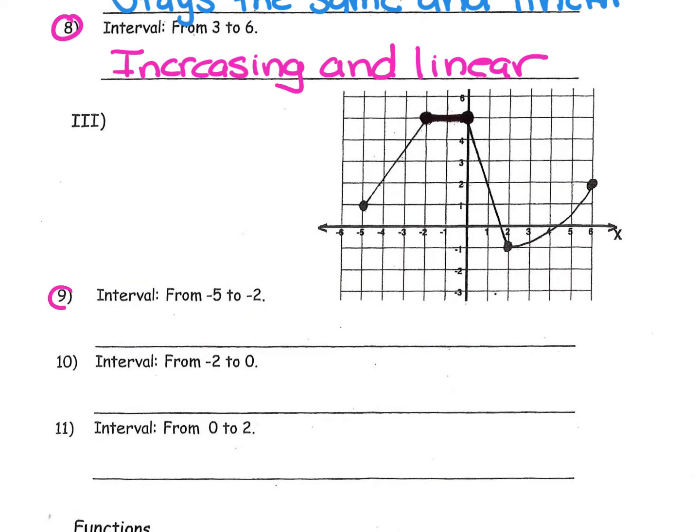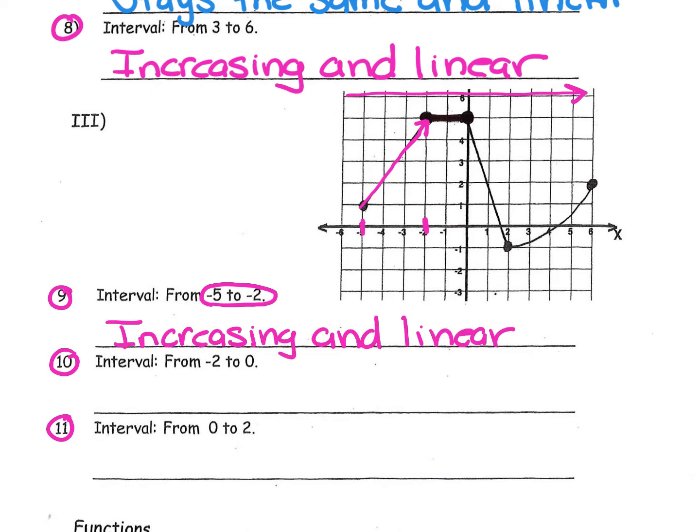For questions 9, 10, and 11, we're going to do the same thing. Let's look at the interval from -5 to -2. You can see it's straight and it increases as we move our eyes from left to right. So you would call this increasing and linear.